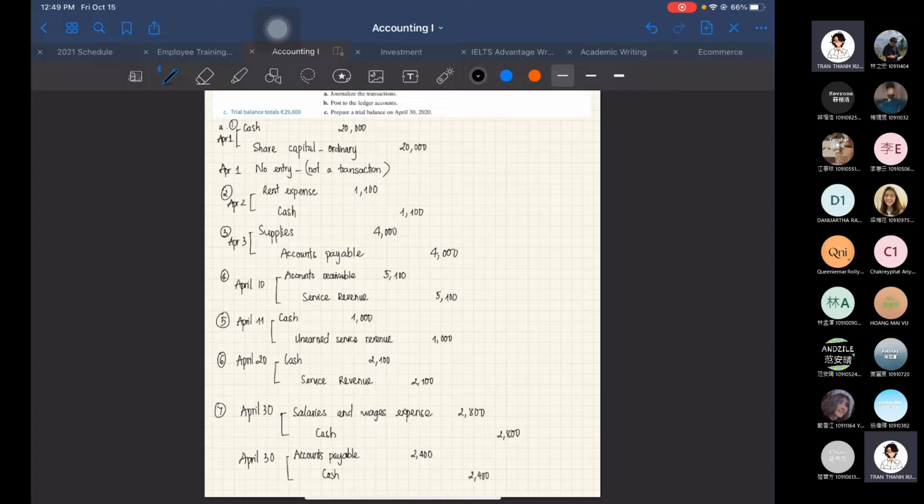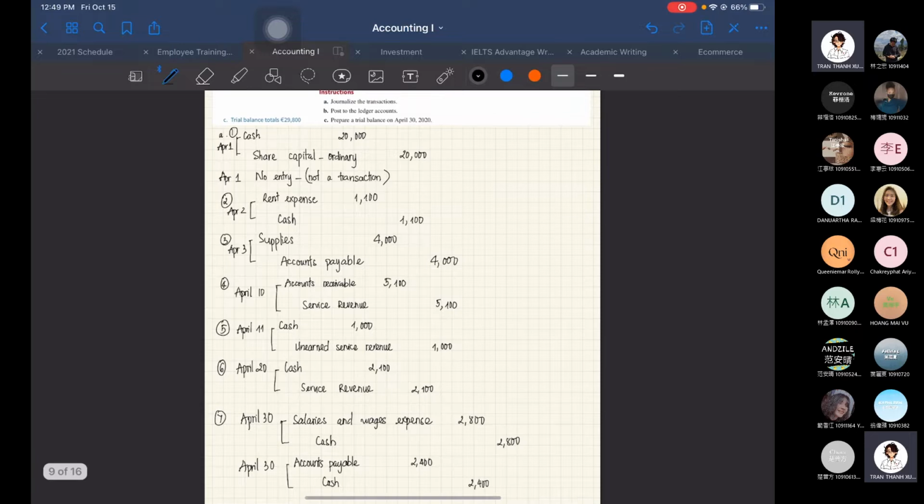Okay, so now we're going to post to the ledger accounts. This one is also not really hard, because your mission right now is finding how many accounts you have here, and later on you need to list them out with the explanation, the reference, which side, debit or credit, and the balances. So let me count how many accounts we have here.